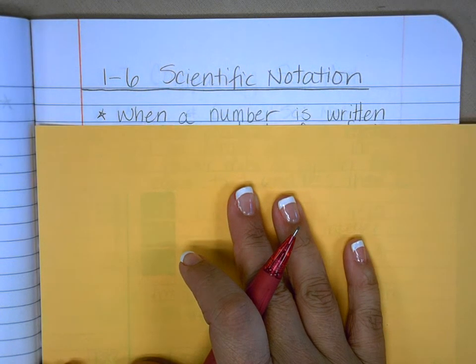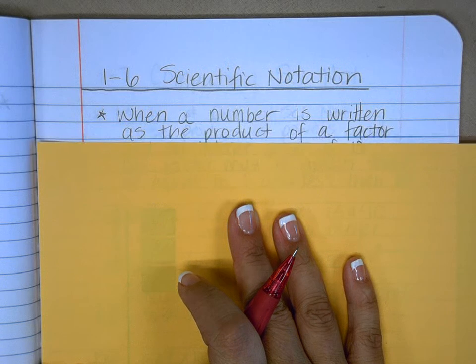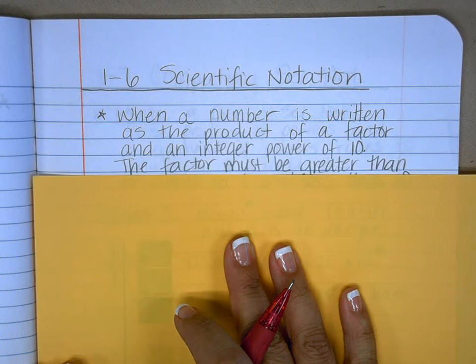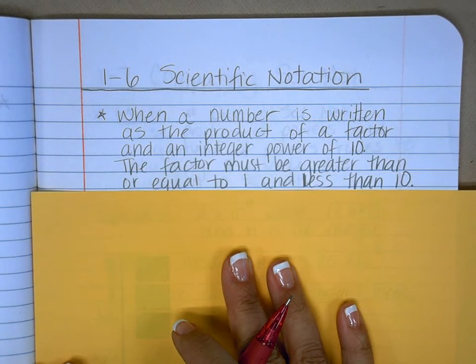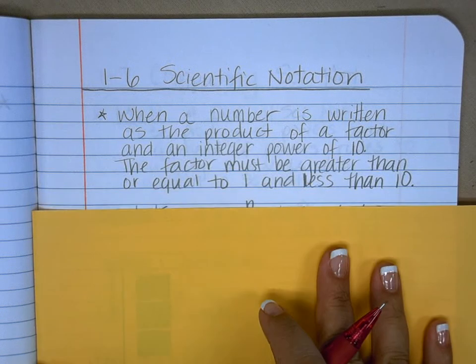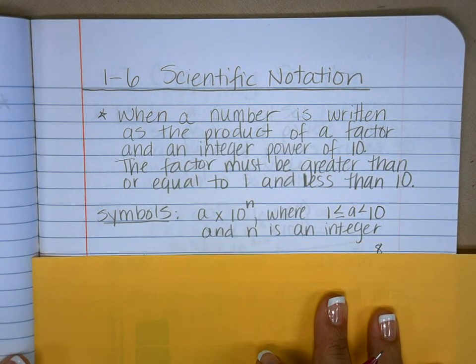So when a number is written as the product, that means multiply, of a factor and an integer power of 10, you'll see this power of 10 thing, the factor must be greater than or equal to 1 and less than 10. That's a lot of words, so I'm going to put it in symbols for you as well.